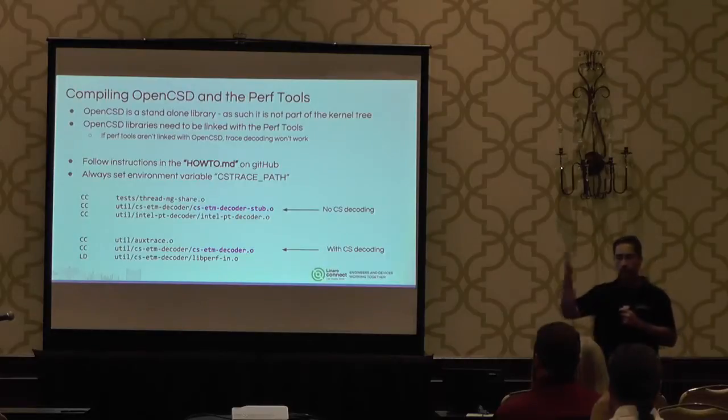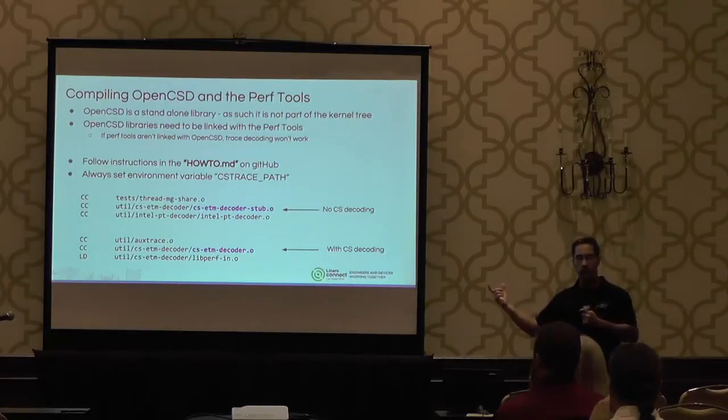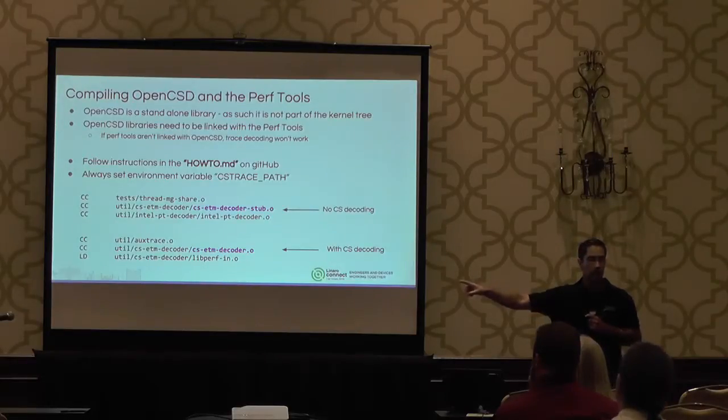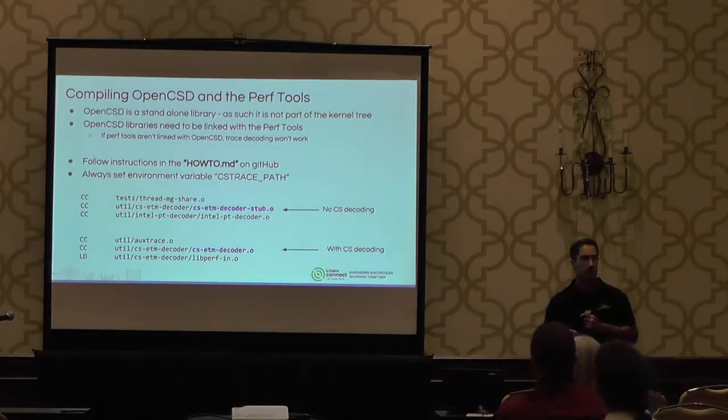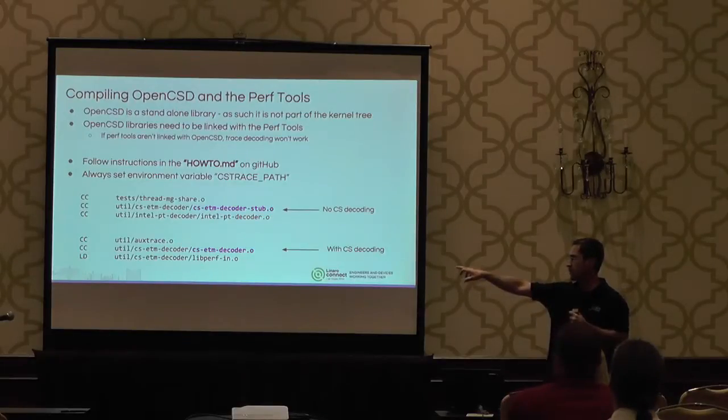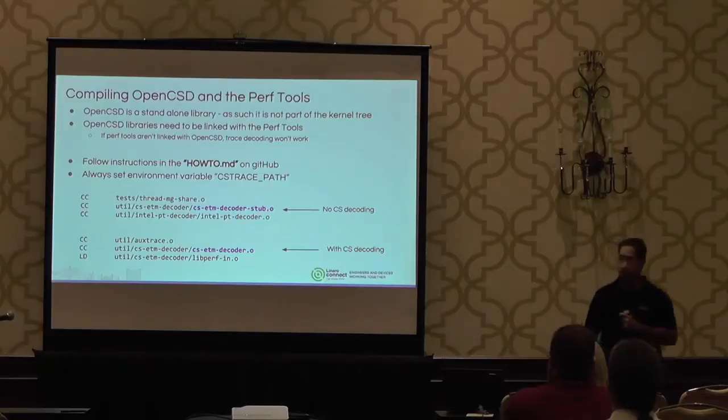We do that by compiling the library and using an environment variable, CS trace underscore path, that points to where the SOs are. With that, the perf tools linking script will look for the SOs, link the functionality, and everything works properly, you will end up with what we see at the bottom, the CS ETM decoder.